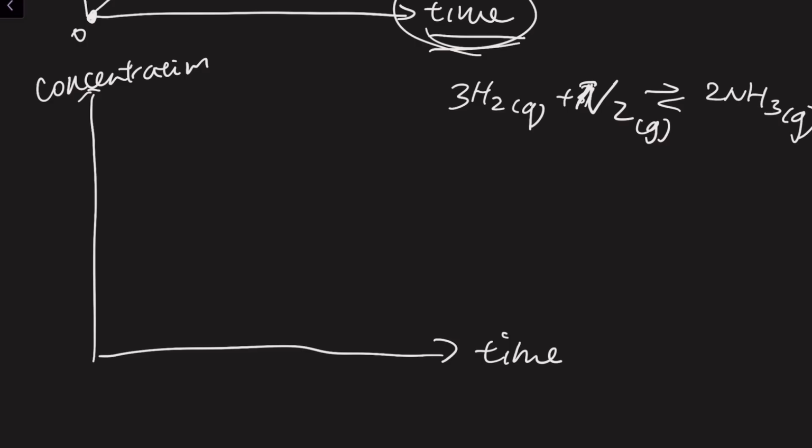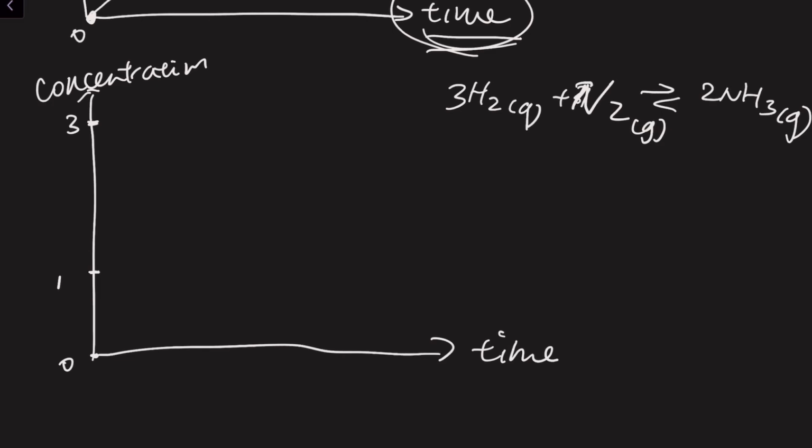So imagine we started off with 3 moles of hydrogen gas, 1 mole of nitrogen gas, and 0 mole of ammonia. As time progresses, we would expect to see something like this.